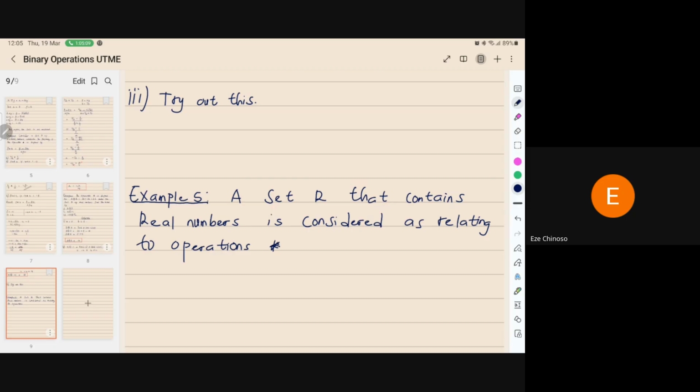It relates to this asterisk and it relates to this.